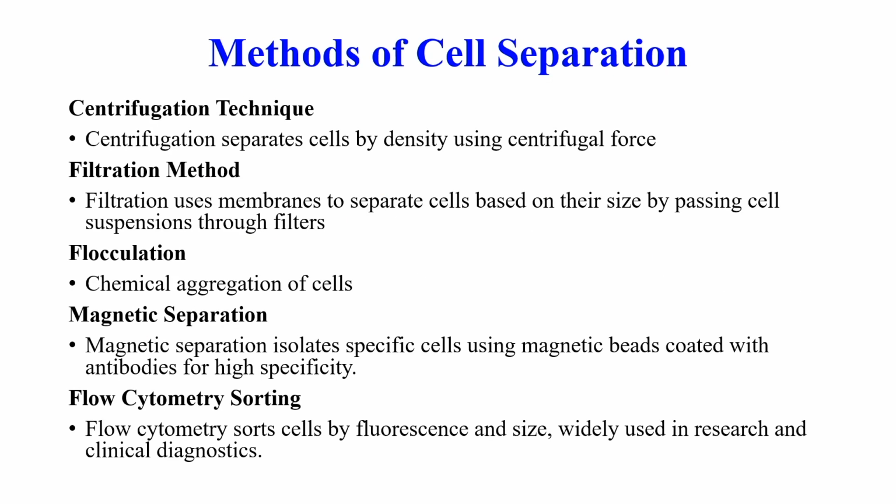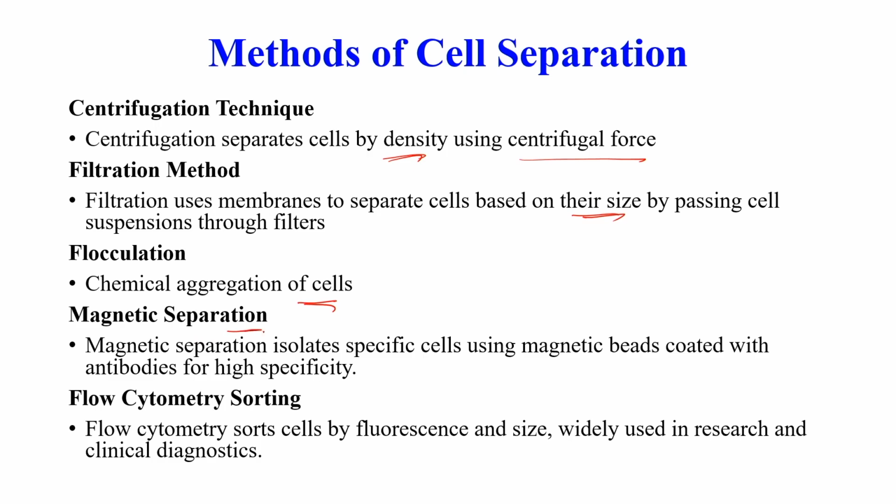So, this is the summary of cell separation methods. Centrifugation applies centrifugal force and the separation is done by difference in density. In the filtration method, the separation is based on size and the driving force is pressure. In addition, some flocculants can be added to aggregate the cells so that they can settle easily.